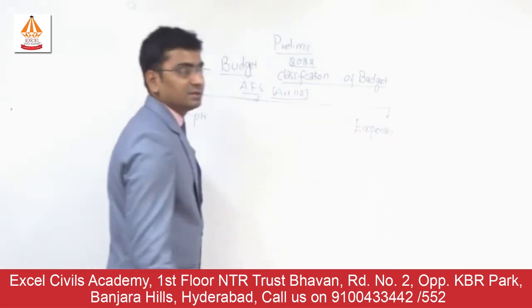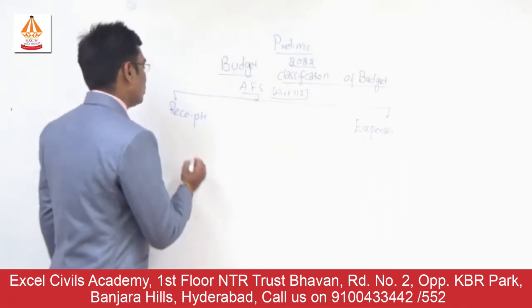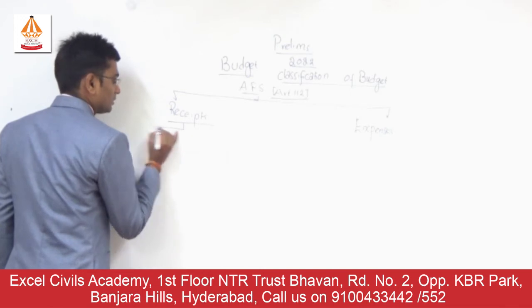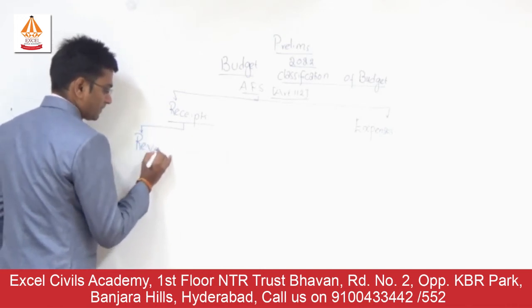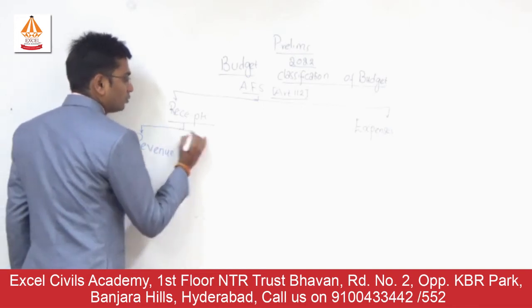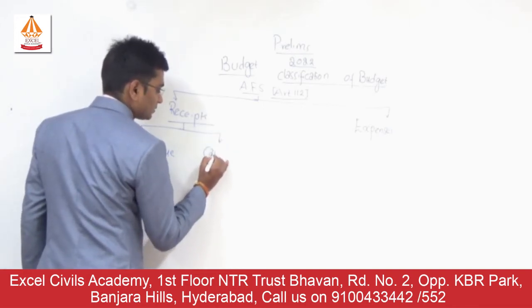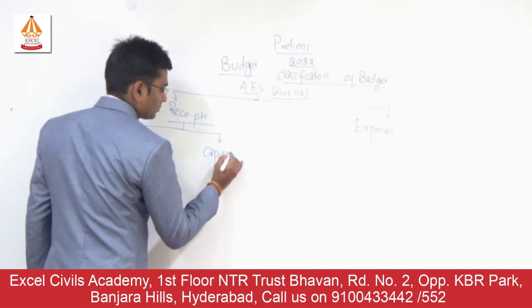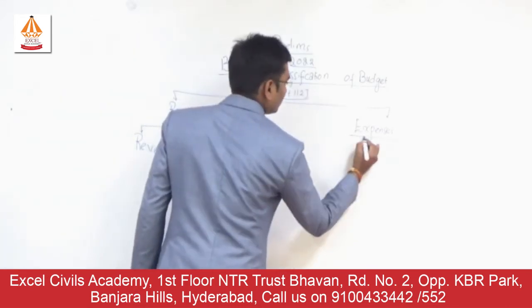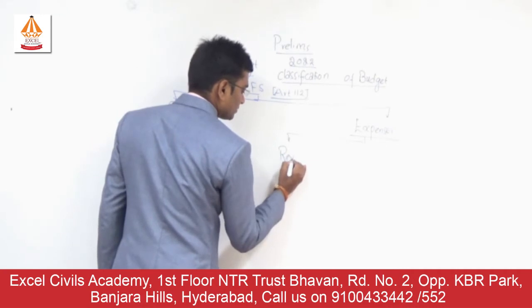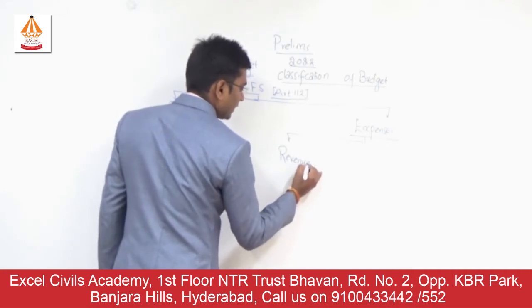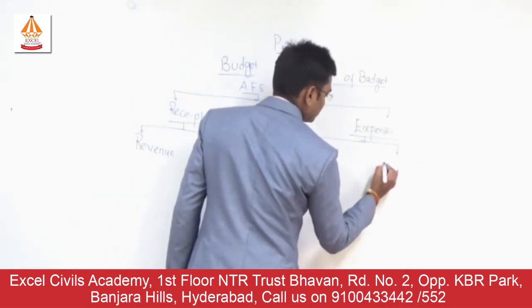On the receipt side you have two types of receipts, revenue receipts and capital receipts. On the expenses side you have two types, revenue expenses and capital expenses.